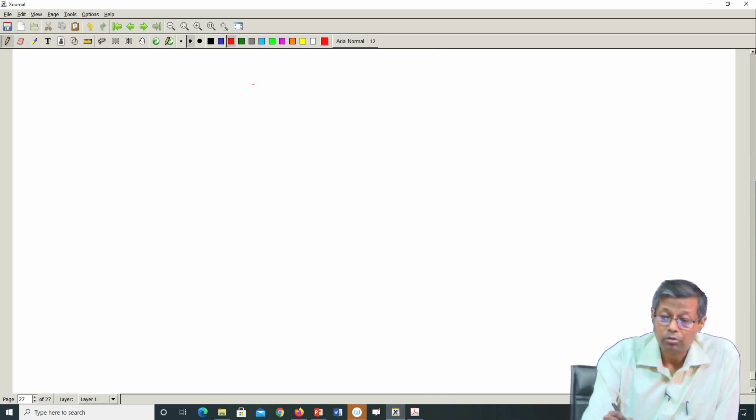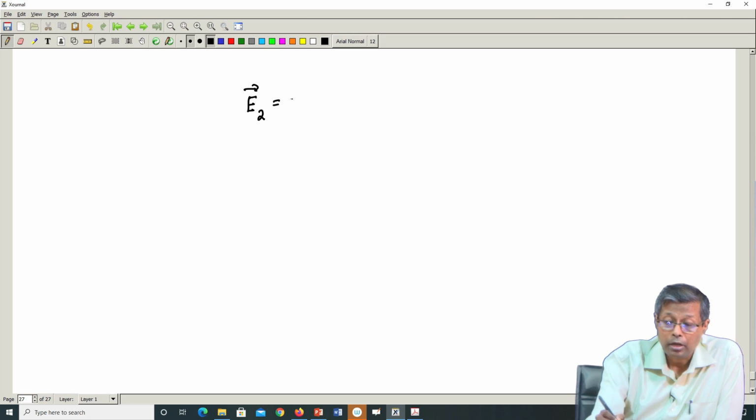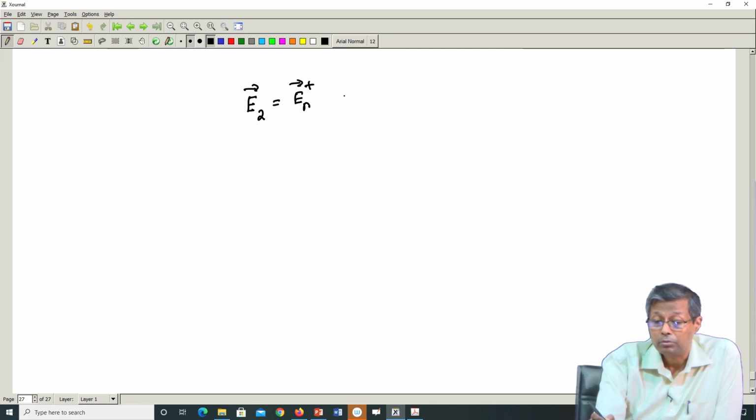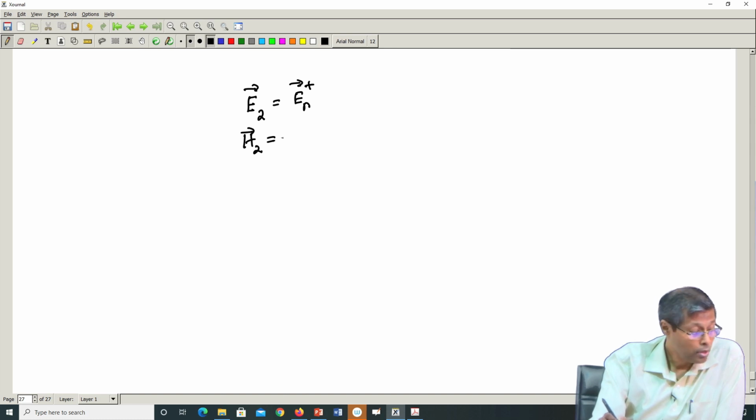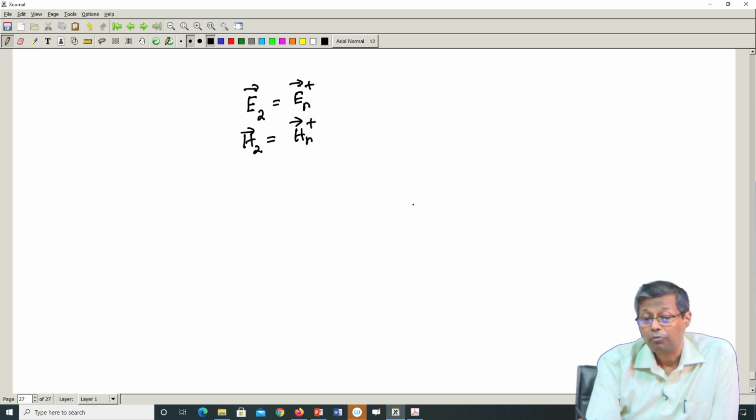So, we will now consider, in order to find out the amplitude of the nth reverse going wave, the electric field E 2 to be E n plus, which is the forward moving nth harmonic, and H 2 to be H n plus, which is the forward moving nth harmonic for the magnetic field.